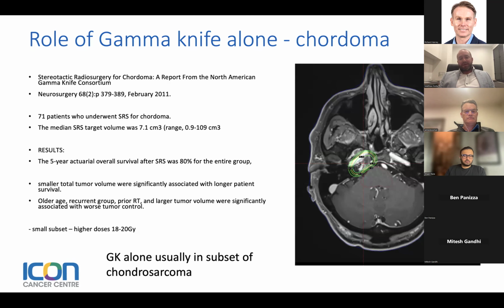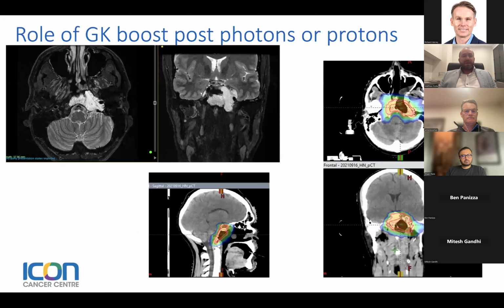I have to say, I don't tend to treat chordoma with gamma knife, and you'll see this picture here is obviously a chondrosarc. I do think that there is a role for gamma knife, whether that be single treatment or 5-fraction treatment, for small residual chondrosarc. Personally, I don't think it's really something I would be recommending in chordoma.